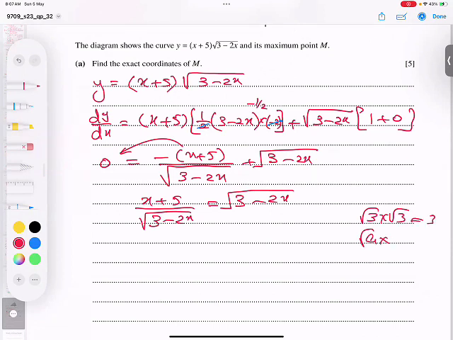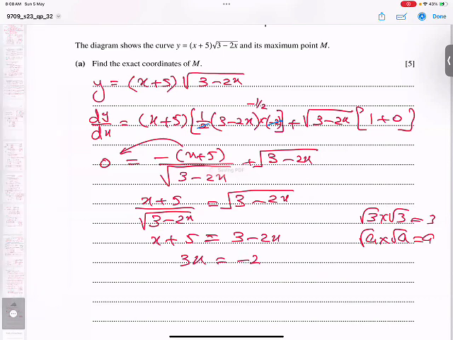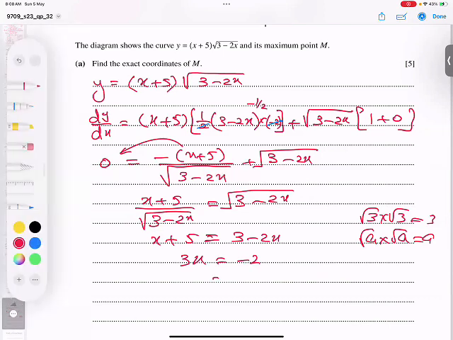Root A into root A gives us only A. So root 3, this full multiply, the root will finish automatically. Okay, so after this x turns out to be, so this 2x will come to the left side, I got 3, here I got -2. And x value becomes -2 by 3.